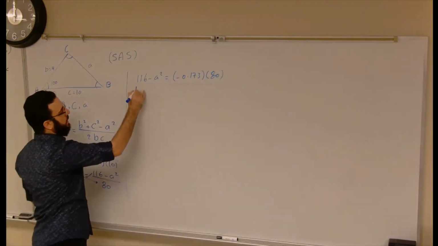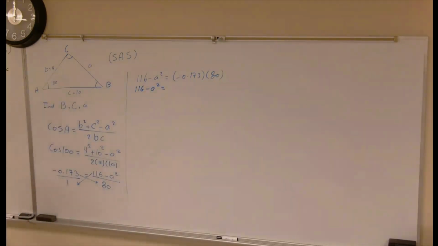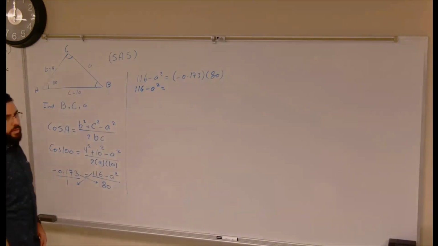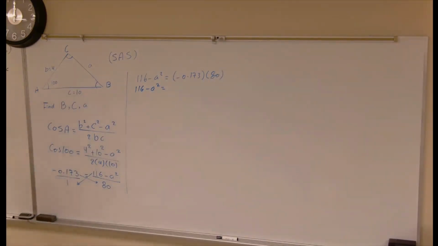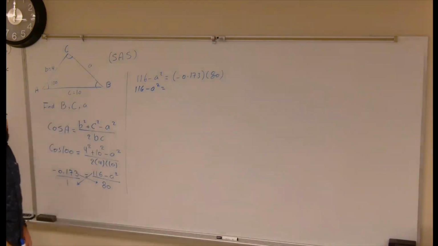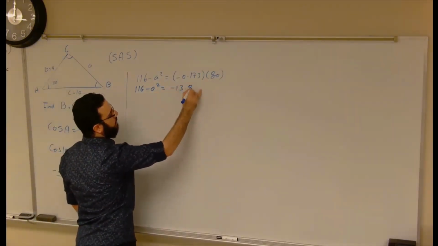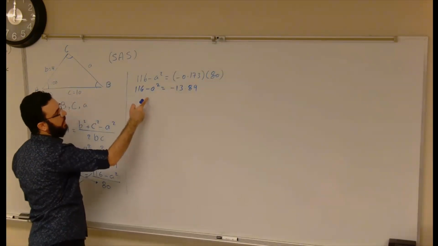So 116 minus a squared equals what? Negative 0.173 times 80 is negative 13.89. Next step, what are you going to do next?